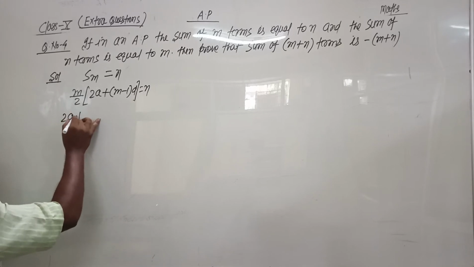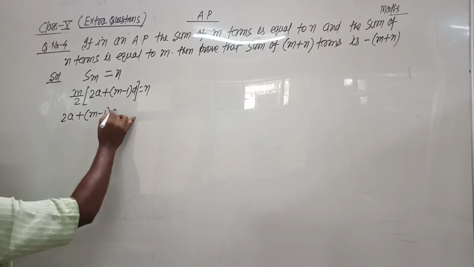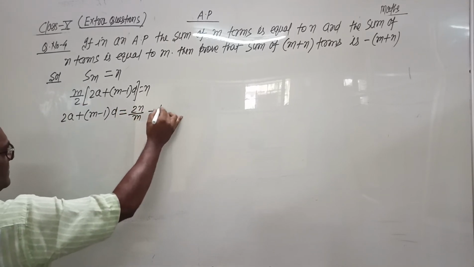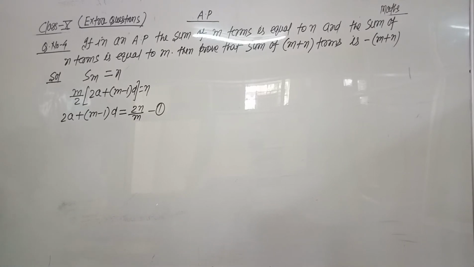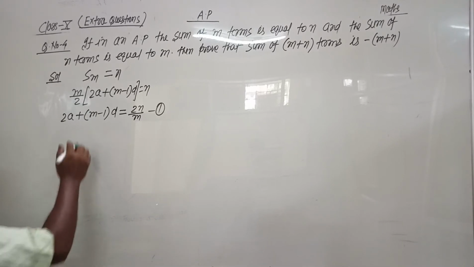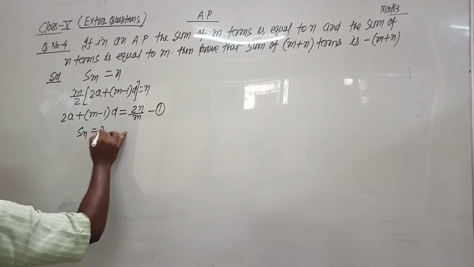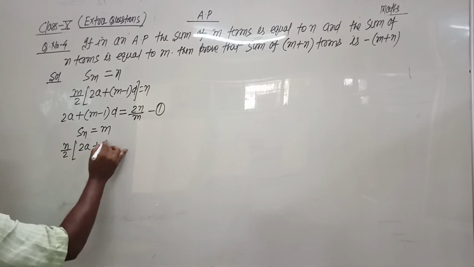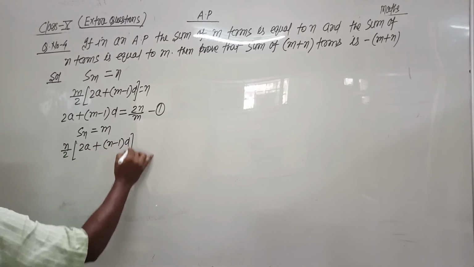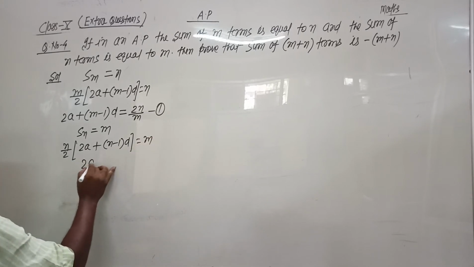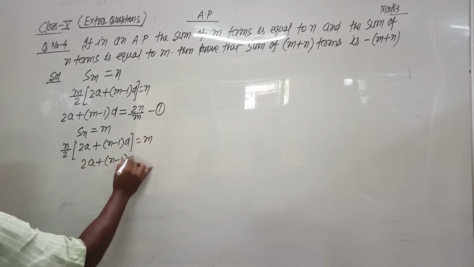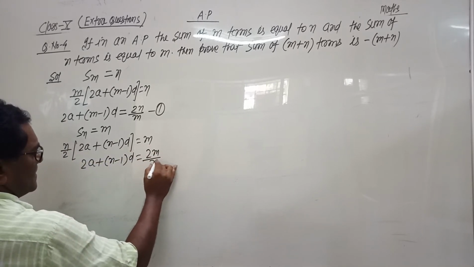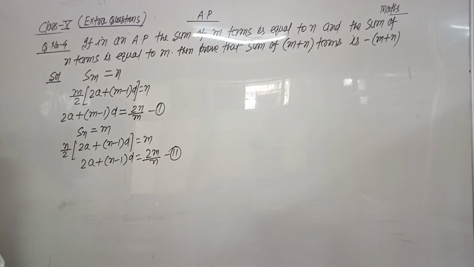So 2a plus (m minus 1)d equals 2n by m, the first equation. Now the sum of n terms, Sn, is equal to m. So n by 2 times (2a plus (n minus 1)d) equals m, and 2a plus (n minus 1)d equals 2m by n. This is the second equation.